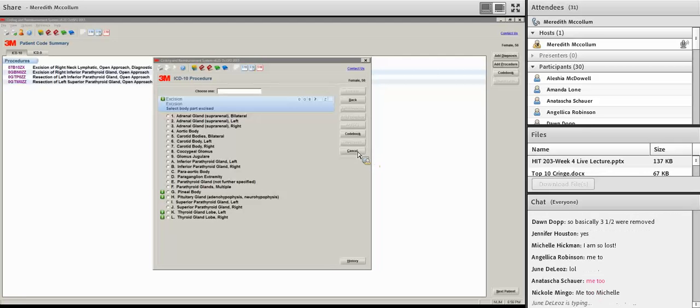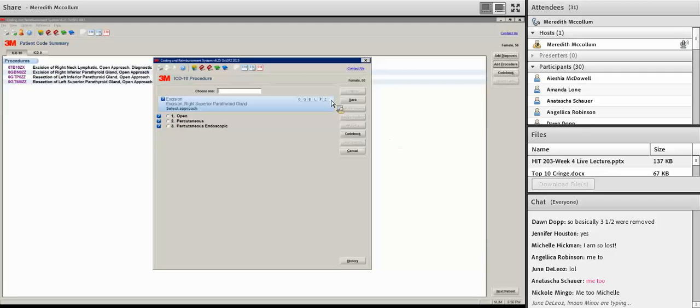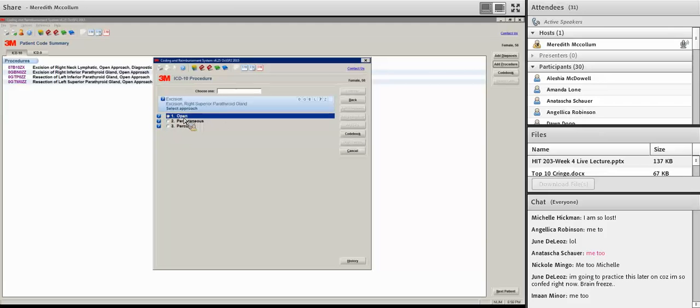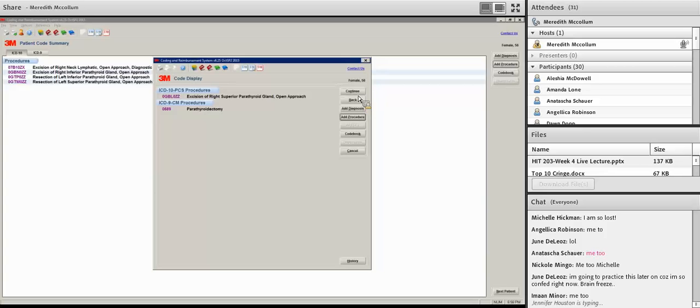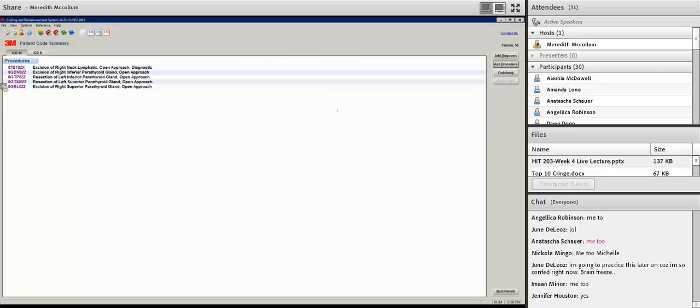And so that one, the one that I missed, right and left upper superior. So I need the right superior upper. Again, it was open, no qualifier.